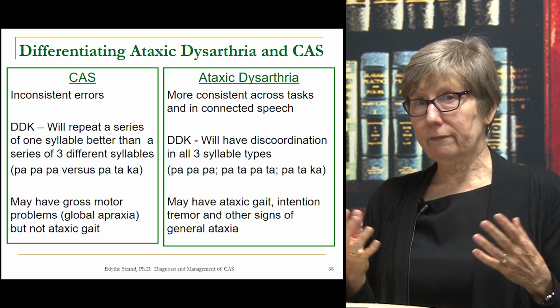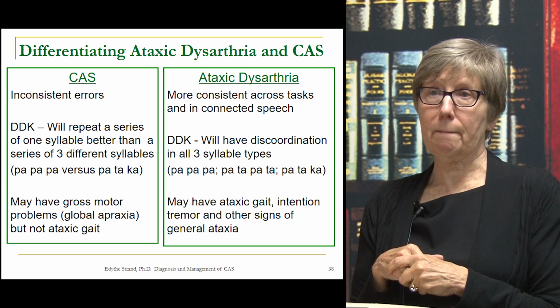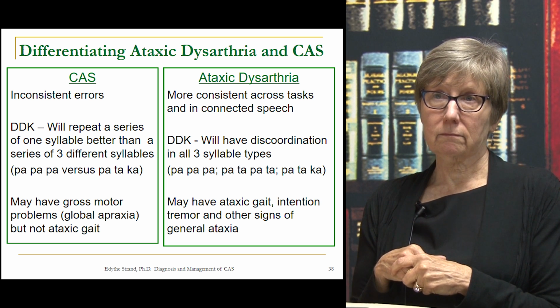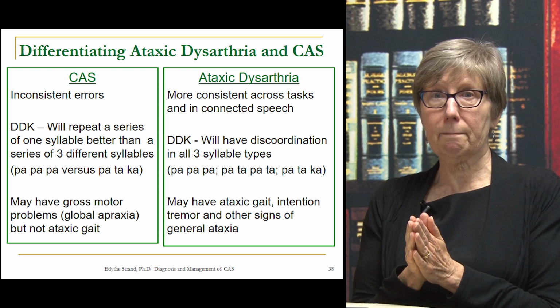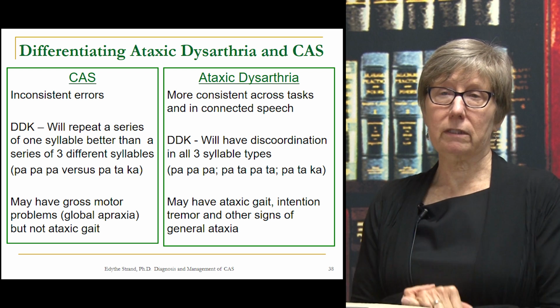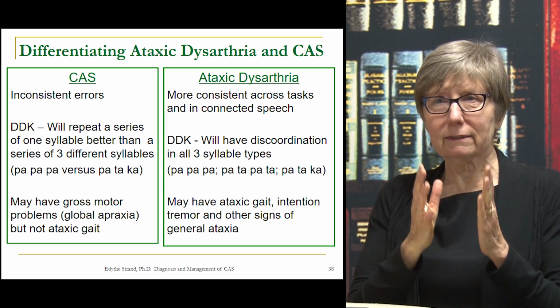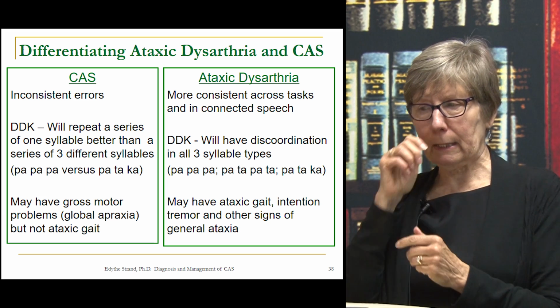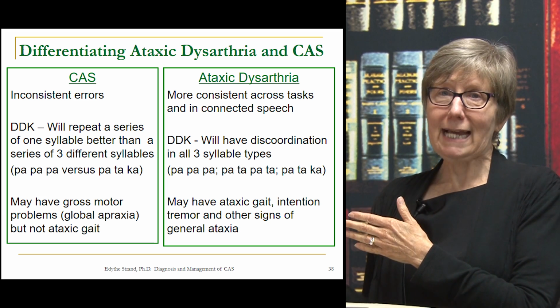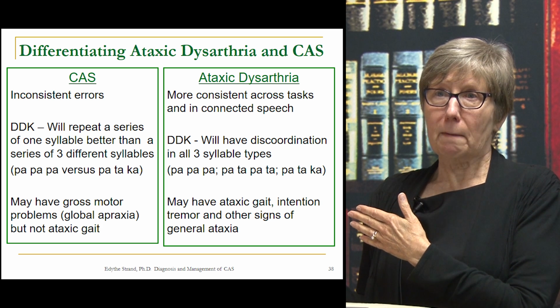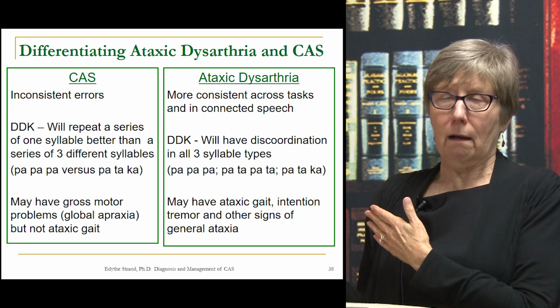For example, if you have a child with CAS go pa pa pa pa pa, they might do it slower, or even pa pa, pa, but it'll typically be more even. A child with ataxic dysarthria might go pa pa pa pa pa pa pa pa pa.